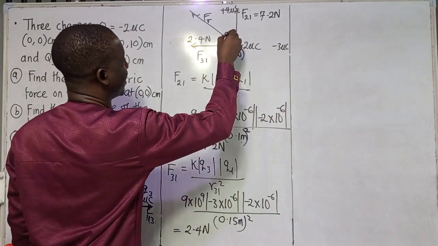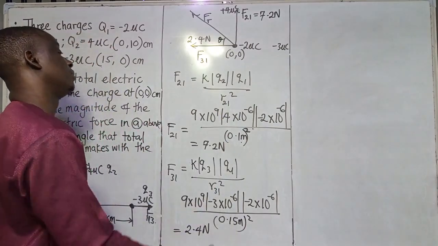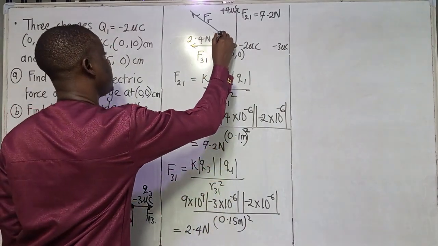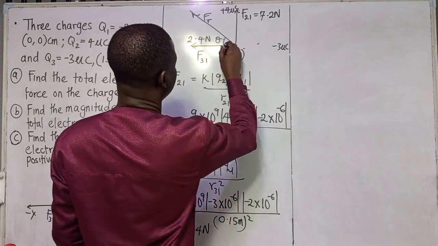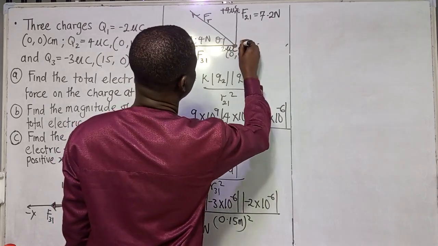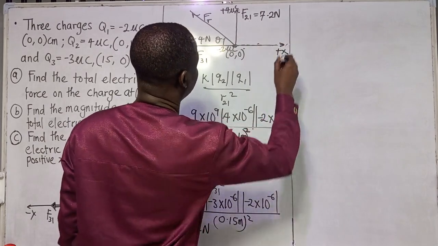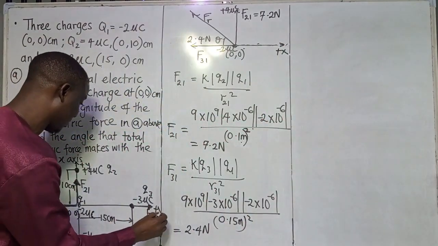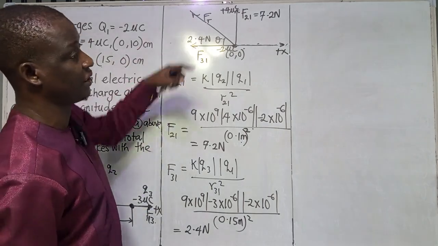And this will be the direction here. But don't forget, this is your positive X-axis. From our diagram, this is our positive X-axis. Now, let's solve the total force first.